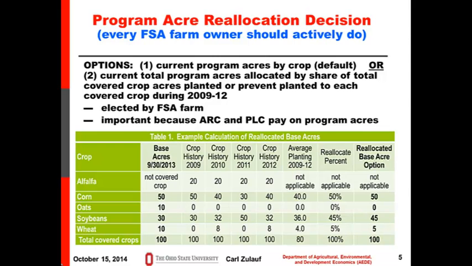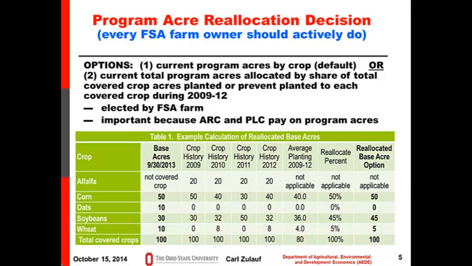And then that 100 acres was planted to various crops in 2009, 2010, 2011, 2012. For example, the acres in corn was 50 in 2009, 40 in 2010, 30 in 2011, and 40 in 2012. You will notice that no acres were planted to oats and acres were planted to wheat in only 2 of the 4 years.